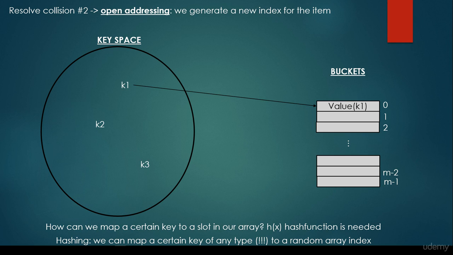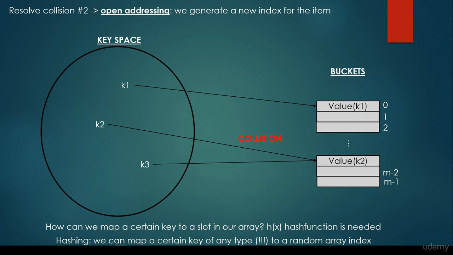It means that we generate a new index for the item. So for example, the key 1 is going to be mapped to the array index 0. Okay, what about the key 2? The key 2 is going to map to the array index m-3. Okay, the key 3 is going to be mapped to the same index, so the array index m-3, which means that there's a collision. We would like to store two values in the same array index.